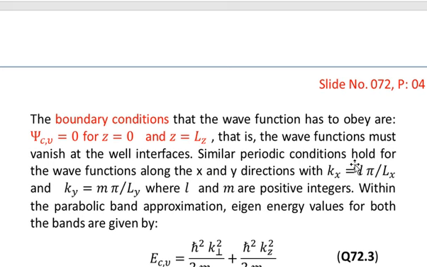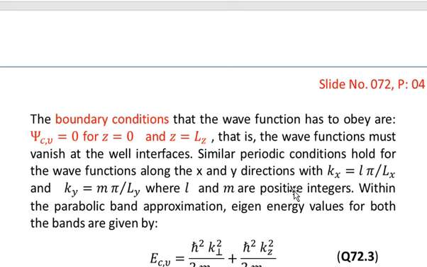Similar periodic conditions hold for wave functions along the x and y directions, with kx is equal to l times pi over Lx, where l is an integer, and ky is equal to m times pi over Ly, where l and m are positive integers.